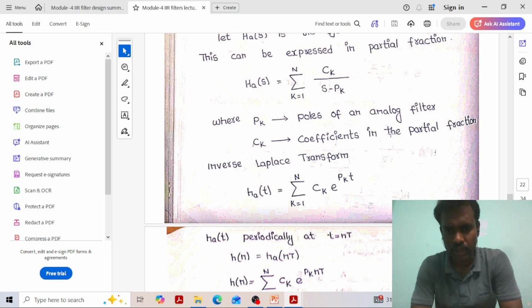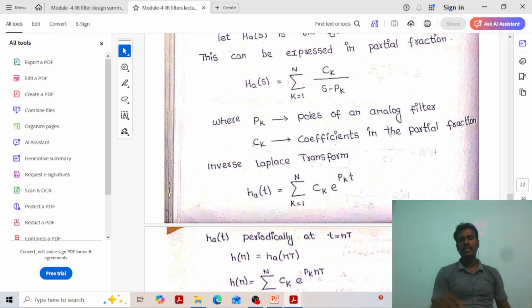The z domain is for digital and the s domain is for analog. When you are converting H(s) into H(z), the analog transfer function H(s) is converted into digital, H(z).